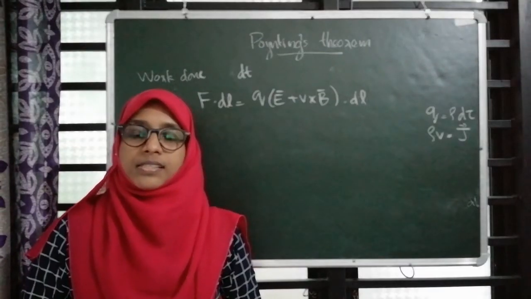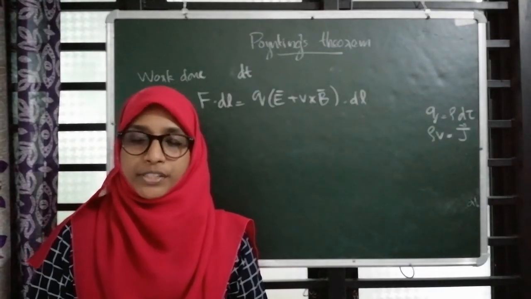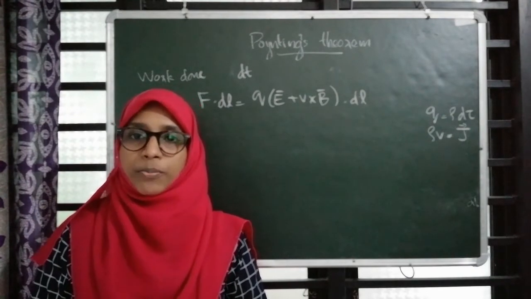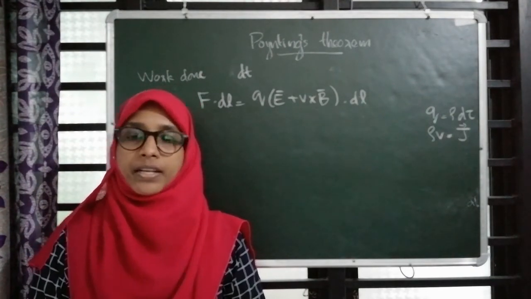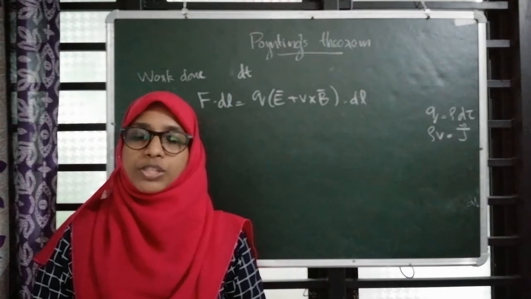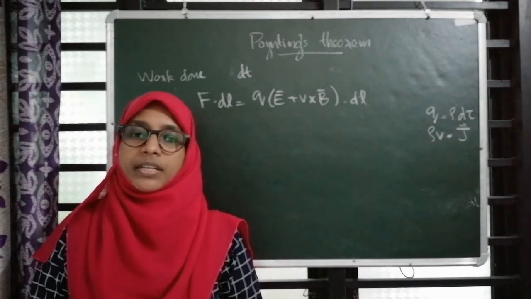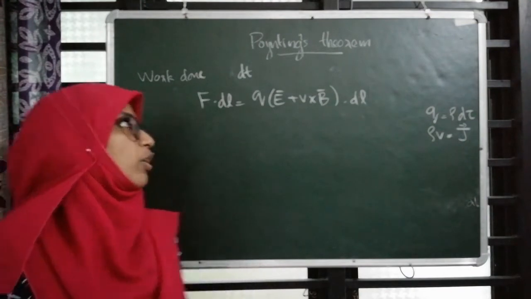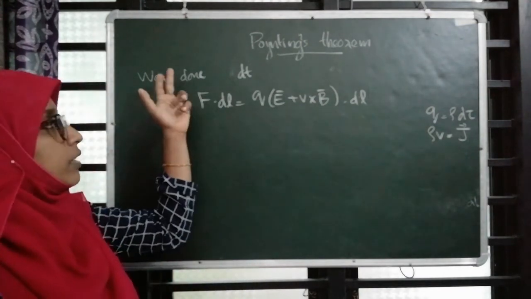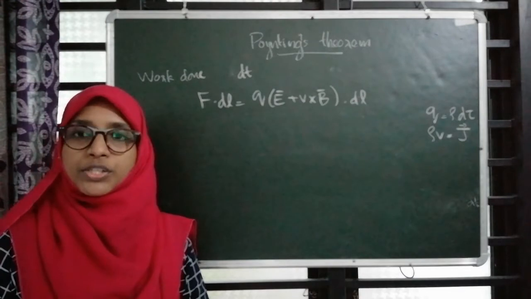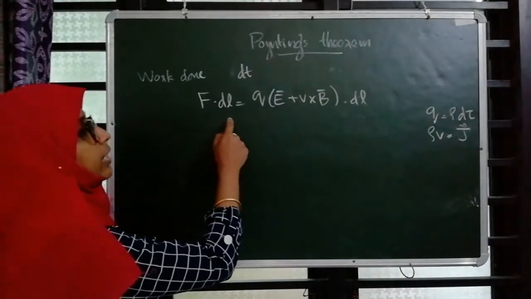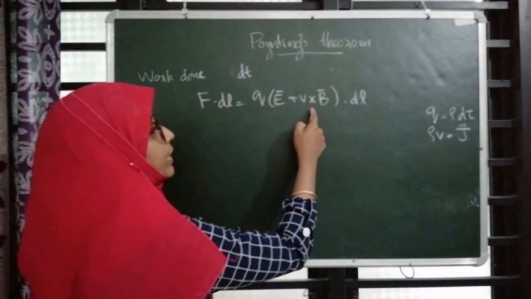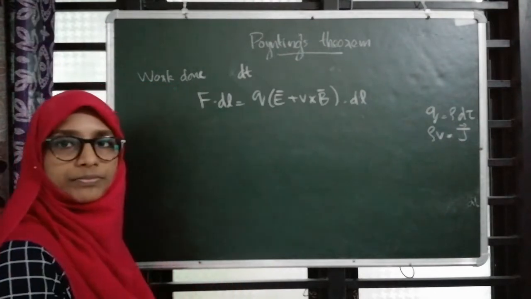Now we can consider some charge and current distribution which produces an electromagnetic field E and B correspondingly, and for any time instant dt the charges are moving. According to the Lorentz force law, the work done on a particular charge Q can be written as F dot dl, which is equal to Q into E plus V cross B dot dl.